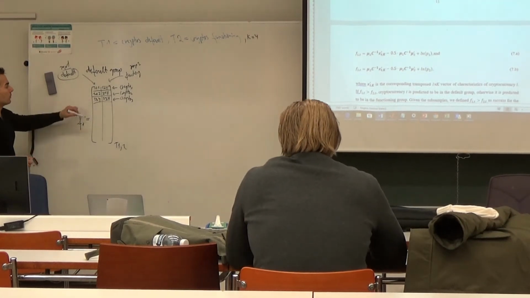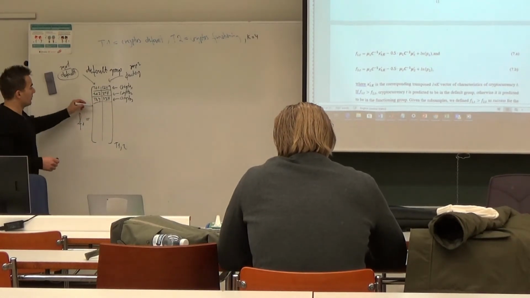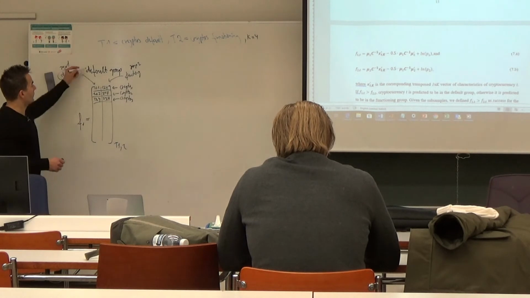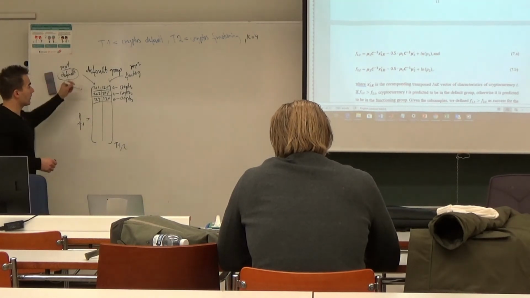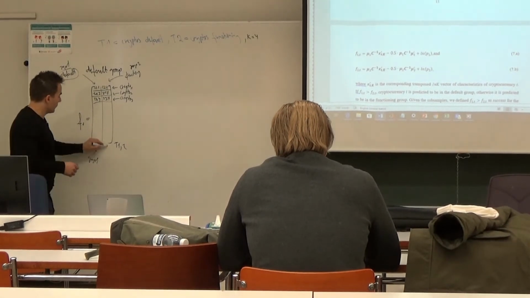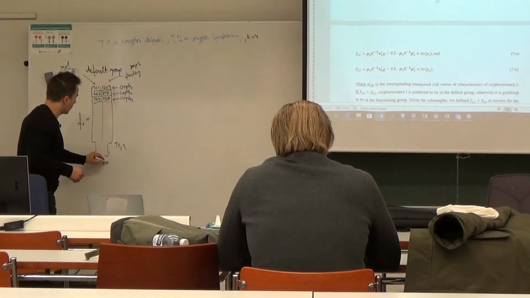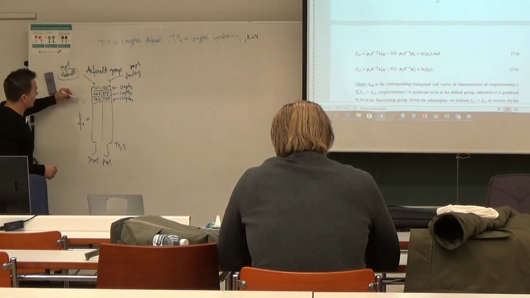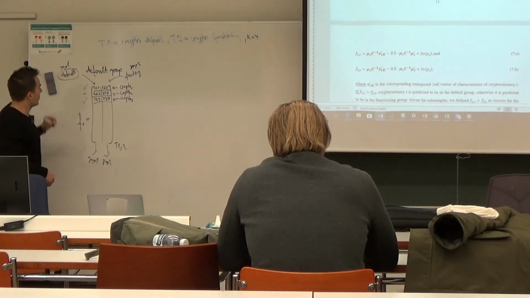Being in group 2, 19.54. So because the first value is higher than the second value, the function predicts the third cryptocurrency to be in the default group, which is group number 1. Yeah? So here we have group number 1 always, and the second column is group number 2 always. In this case, we have again predicted correctly. Here we have not predicted correctly, and here we have also predicted correctly.